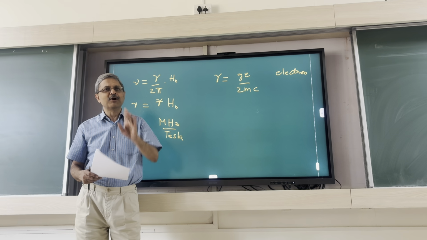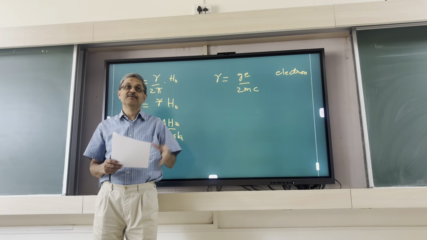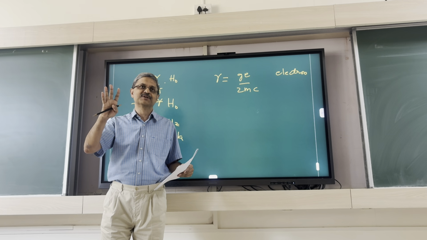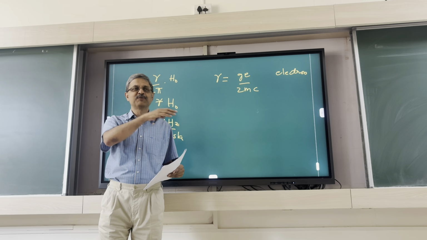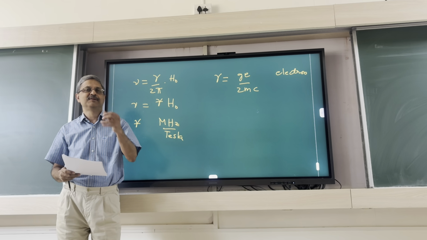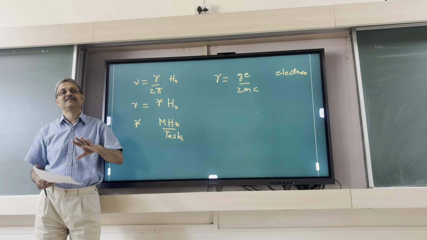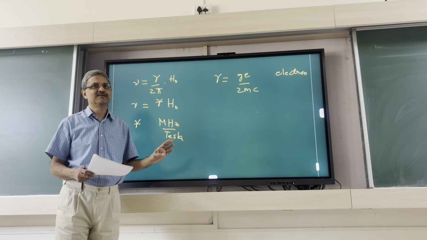Straightforward. Not so for electricity and magnetism, because you have these mu naught, epsilon naught, which are there in the force law, right? Q1 Q2 by r square is the force. But if you're writing in MKS, then there's a 1 by 4 pi epsilon naught. Likewise, for the magnetic part, there's a mu naught. So conversion from MKS to Gaussian is not just some 10 power something, unfortunately.